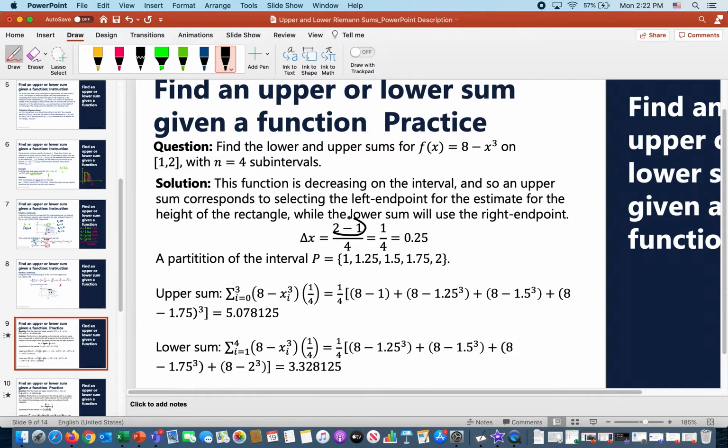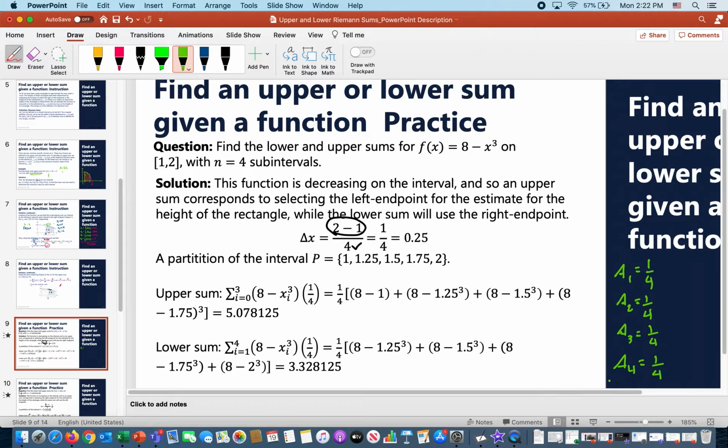We subtract those values and divide by 4, right? So in this problem, the width of each rectangle is 0.25. So if I wanted to find area 1, I would have 1/4 or 0.25. All right, so I'm going to have 1/4 here, and area 2 is going to be 1/4. Area 3 is 1/4. Area 4 is 1/4.